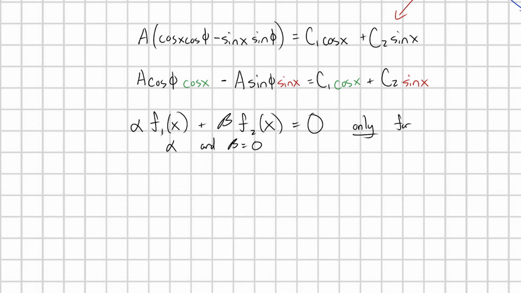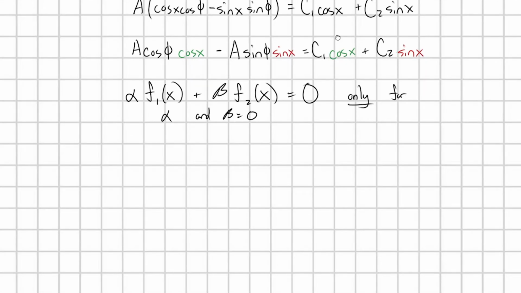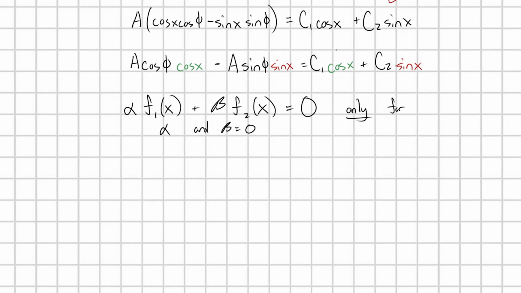Or in other words, there's no way to create a linear combination of f1 and f2 such that they sum to 0. Thus, they are linearly independent functions. And this language can be more generalized for any vector, but since we're talking about functions, let's not make this confusing and just stick to talking about functions.